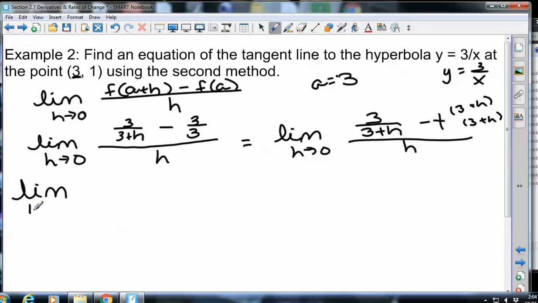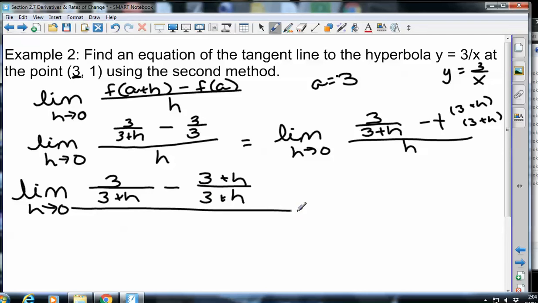Okay, so we get the limit as h approaches 0 of 3 over 3 plus h, minus 3 plus h over 3 plus h. What are you going to have to do with this minus? Distribute it. So then 3 and negative 3 would drop, so we get negative h over 3 plus h.